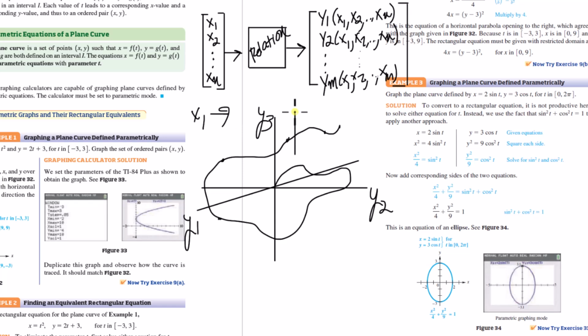Like if these two didn't pass the vertical line test, these 2 points, well, parametrically they do, because this is going to correspond to one x1, this is going to correspond to another x1. You see, you can parametrize a circle or an ellipse, which is not a function in terms of its general equation.